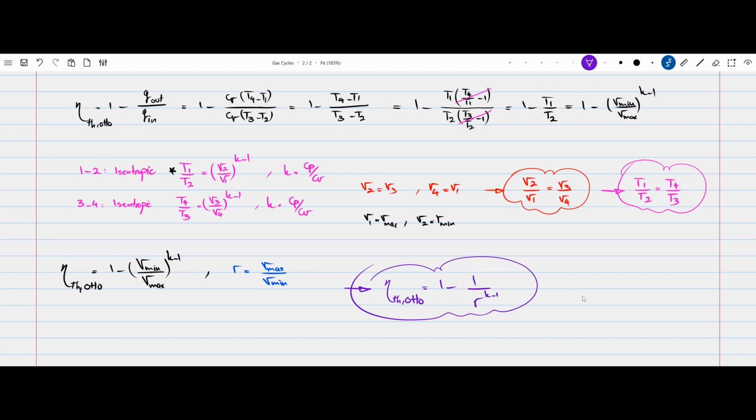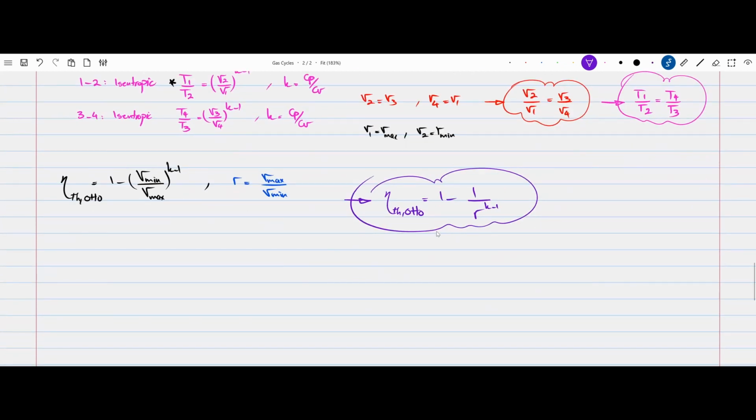If we draw the efficiency for a constant K as a function of R, we get a graph that looks similar to this. So this is the efficiency, and this is R. You can see that by increasing R, you get a very steep increase in efficiency, but after a while, the increase in efficiency kind of dies out.